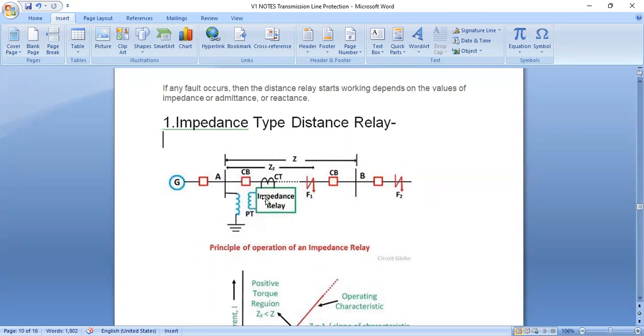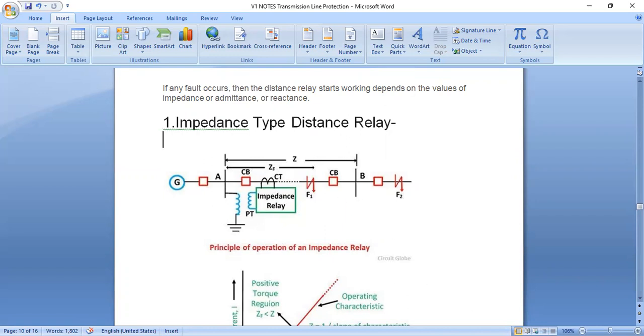Then this is circuit breaker A and circuit breaker B, section A and section B. This is where the fault occurs, this is the total impedance, and this is the fault impedance.